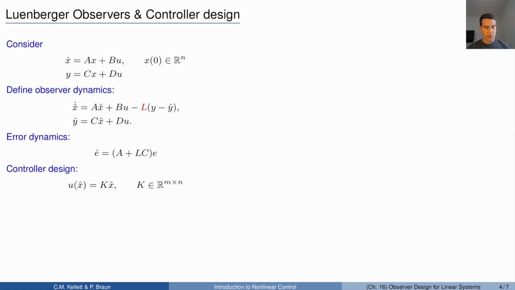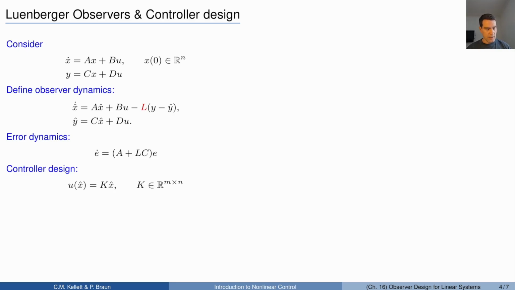This answers the first question in terms of how to design L to recover the information of the state of a linear system. The second question that was stated at the beginning of these slides was, can we then also use the estimated state for controller design?